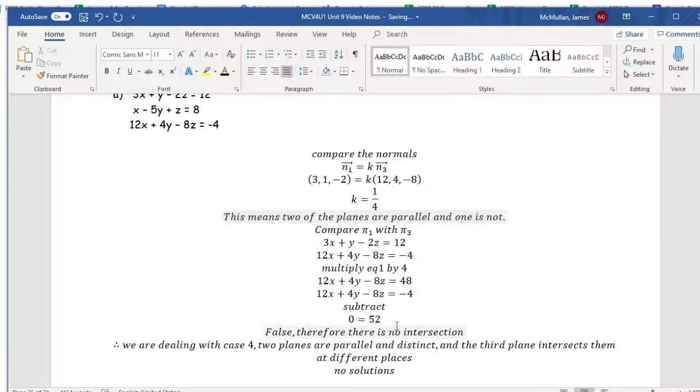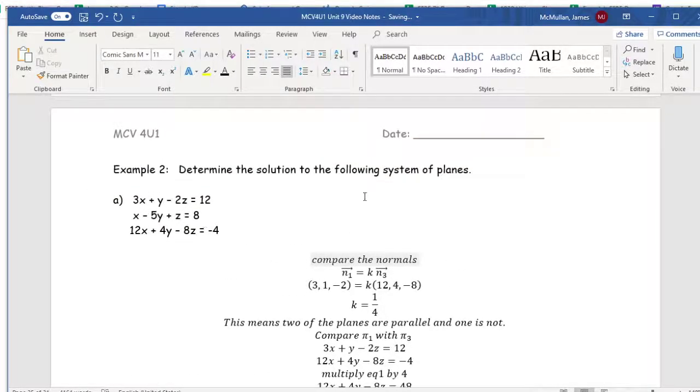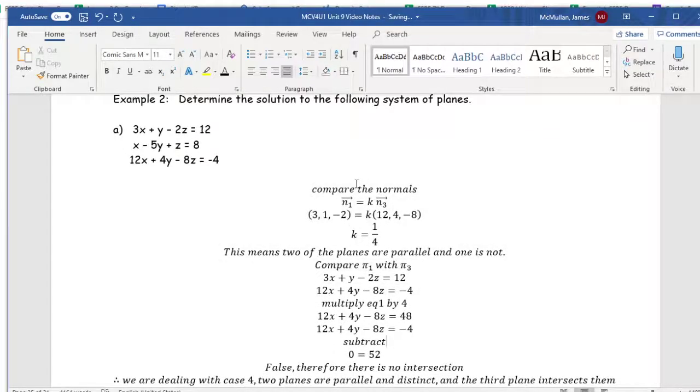You can see that when I tried to solve it, I came up with an absurdity, or a false statement, 0 equals 52, which means there's just no way to make these equations work. Because I already analyzed the normals, I knew which possibilities I might have to be dealing with.